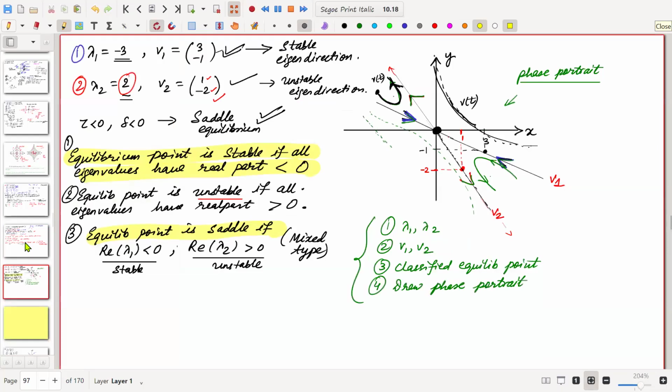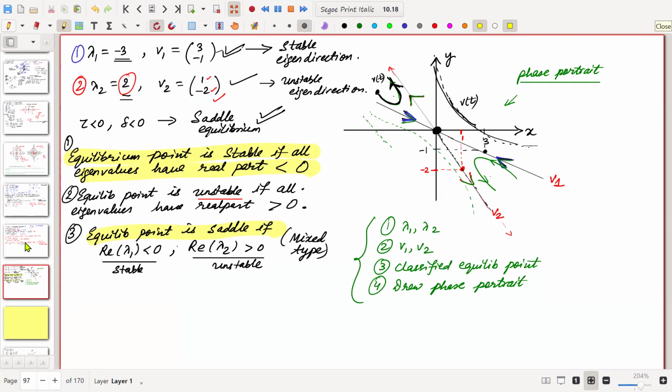You agree to this? So if you have an equilibrium point, how will you find it? You just set the right hand side to be 0. X dot equal to f of x, set f of x equal to 0. By solving that, you will get the equilibrium points.